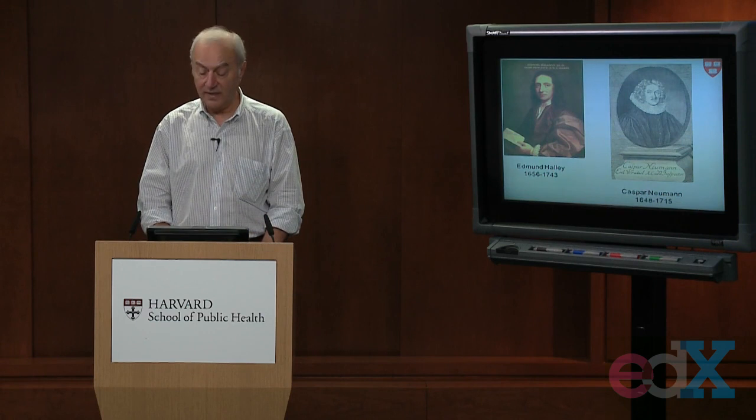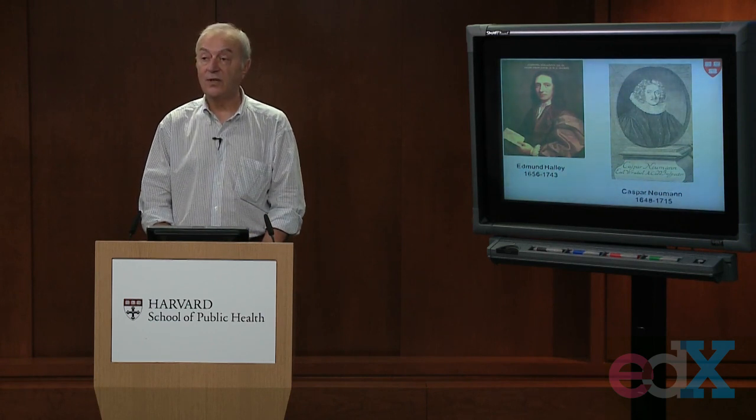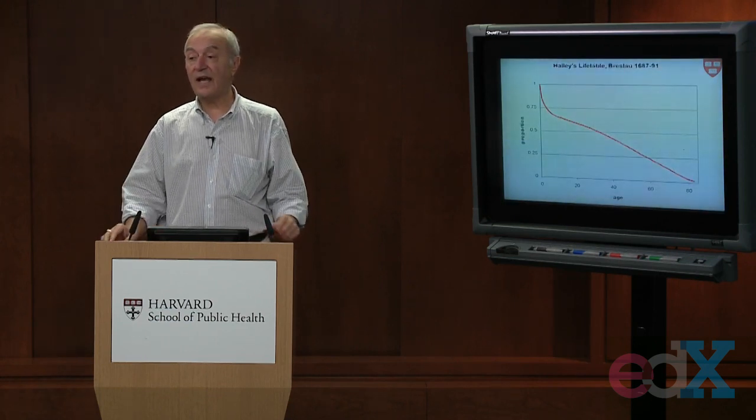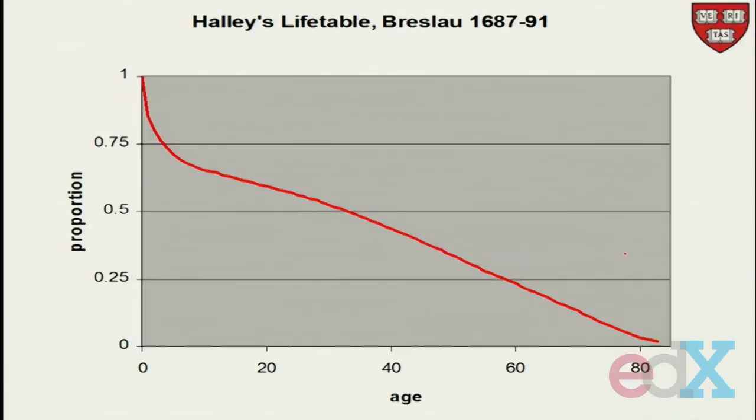And what Halley did was he constructed the very first life table using the methods that we still use to this day. And here is Halley's life table of Breslau at the end of the 17th century. You can see that initial mortality, if one is to trust these data, is extremely high.